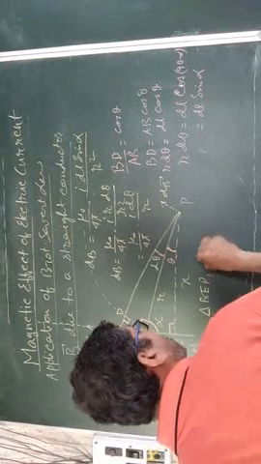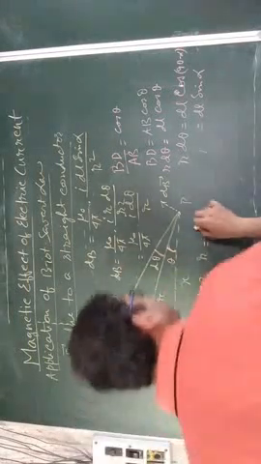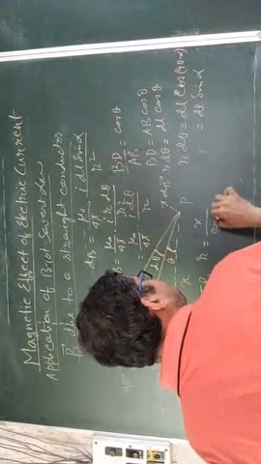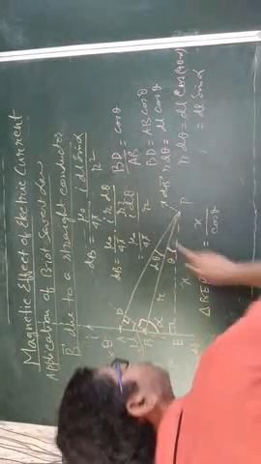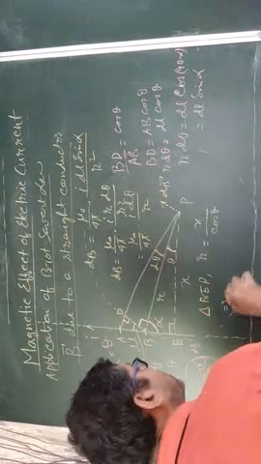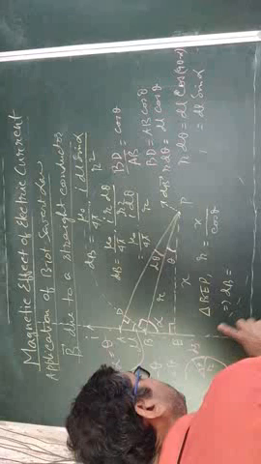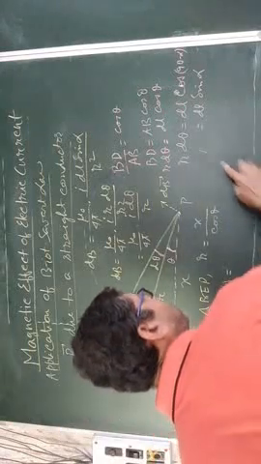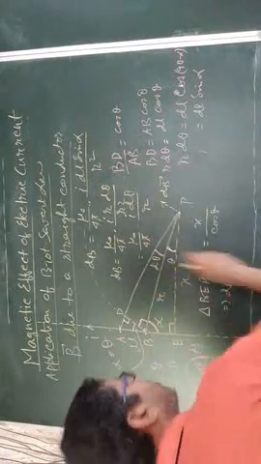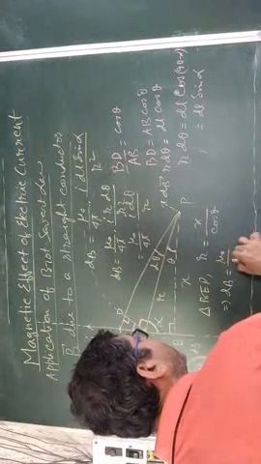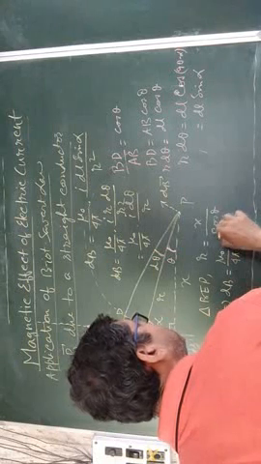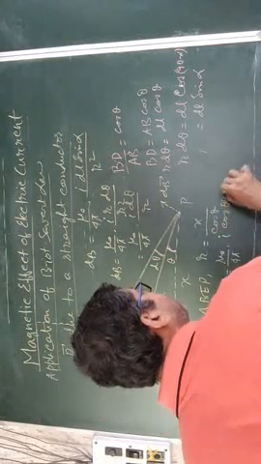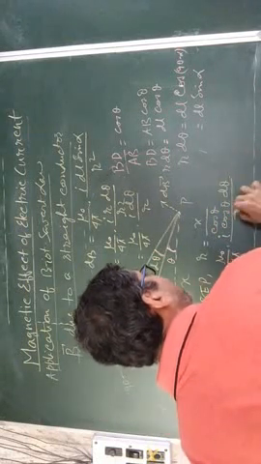So r is equal to x by cos theta. This value is to be replaced here. So that means dB is equal to mu naught upon 4 pi I cos theta d theta by x.